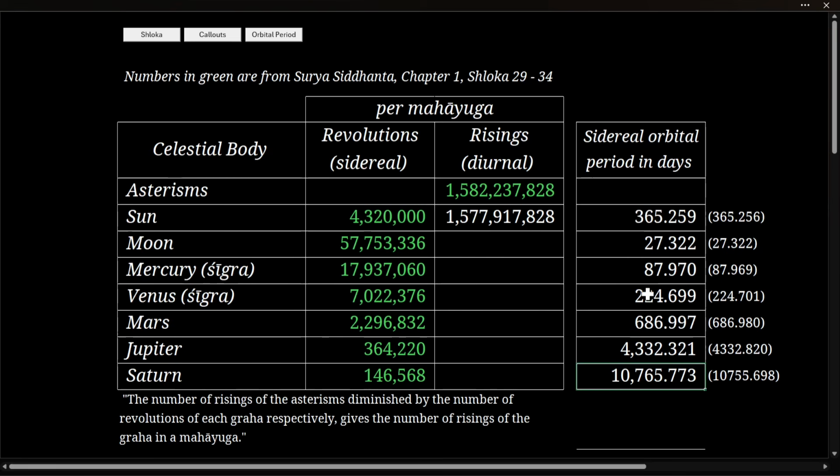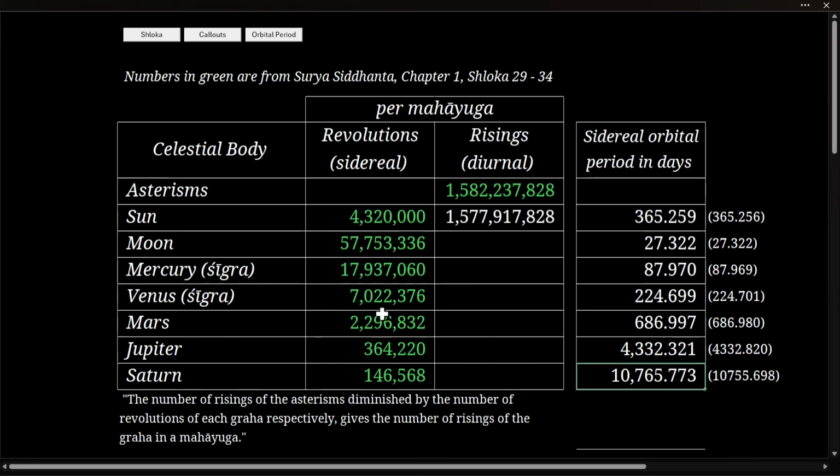And this is what I wanted to do in this video to show you. It's not great mathematics. I did just one subtraction and a lot of divisions. But these numbers are the fundamental constants of Hindu astronomy, of the Surya Siddhanta, because all other computations which are made in Surya Siddhanta are based on these numbers, and the accuracy of these numbers determines the accuracy of your further results of determining positions of planets, of determining the time of solar eclipse, lunar eclipse.